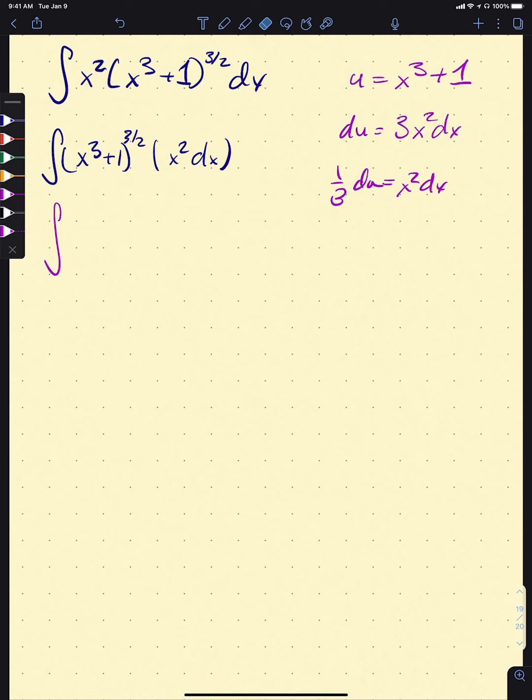We can have our integral of u to the 3/2 times 1/3 du, remembering that there's this extra factor of 3 that we need to do something with. But of course, that 1/3 is just going to factor through to the front, u to the 3/2 du.